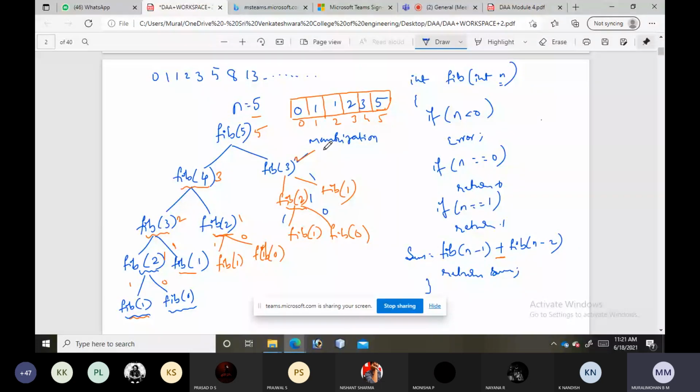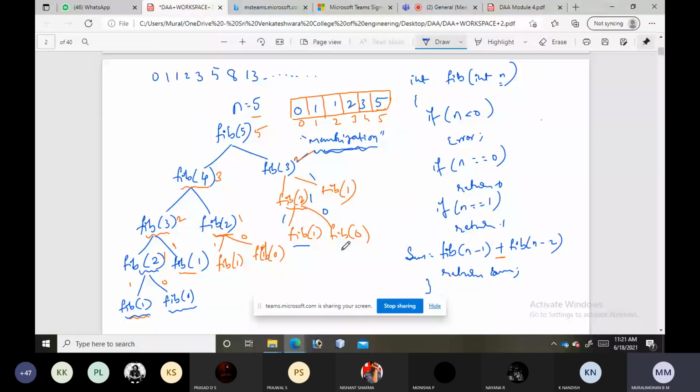So instead of computing the same subproblem once again, the first time we compute it, we store the result in an array. Next time, if the problem is already solved, we can access the value from here. This is the advantage of dynamic programming. Here you just see fib of 2, fib of 1, fib of 0, fib of 1, fib of 1, fib of 0, again fib of 0, fib of 1, fib of 0, fib of 1, fib of 2.